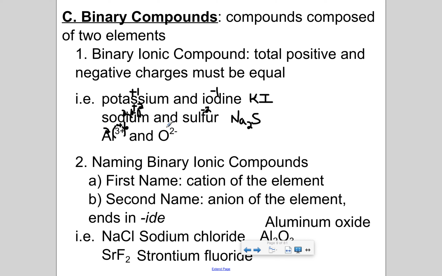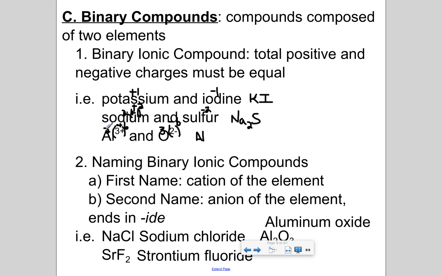Same thing with oxygen. How many times are you going to have to multiply this -2 to get to 6? Right? So it's 3 times to get to that -6. And now this +6 and this -6 cancel out. So when you write the chemical formula, aluminum is Al. How many aluminums did you need?